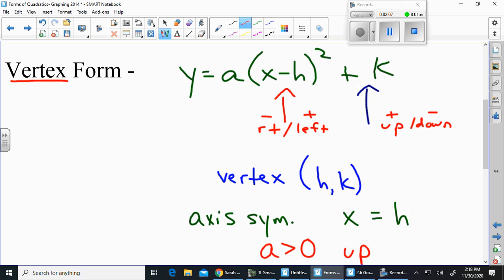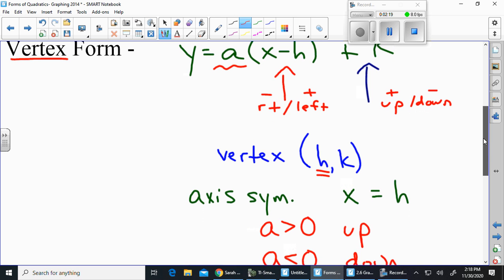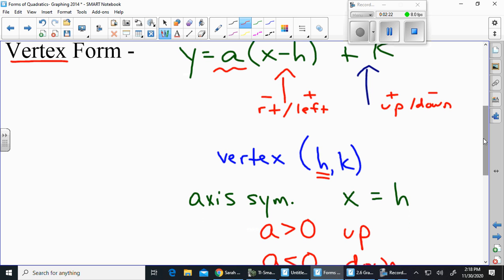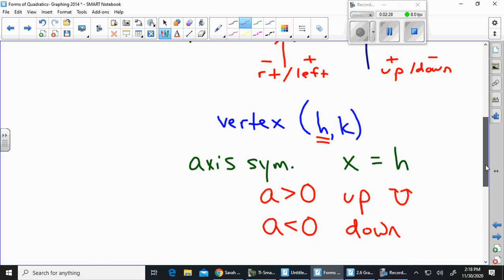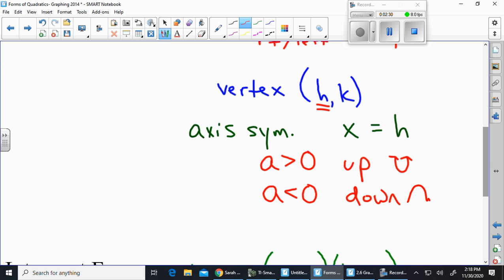Your axis of symmetry is always at that x value of the vertex. A is still controlling up and down. Right side up, upside down. If A is greater than 0, it's right side up. If A is less than 0, it's upside down.